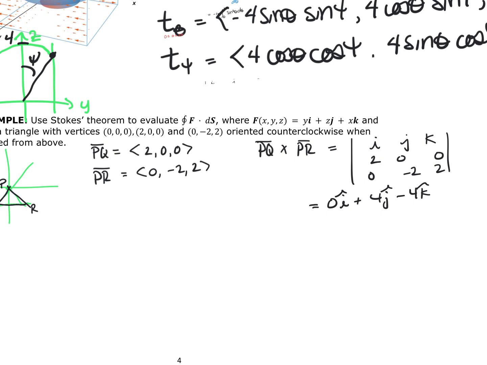Now we know from previous chapters and Calculus 2 that we end up with the normal vector to the plane.